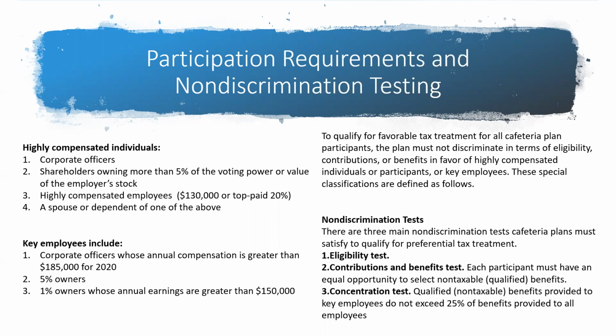The non-discrimination tests a cafeteria plan must satisfy are an eligibility test, a contribution and benefit test, in which each participant must have an equal opportunity to select a non-taxable qualified benefit, or the concentration test, where qualified non-taxable benefits provided to all key employees do not exceed 25% of the benefits provided to all employees.